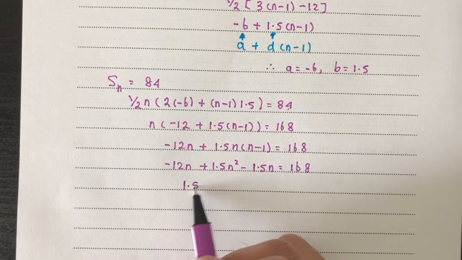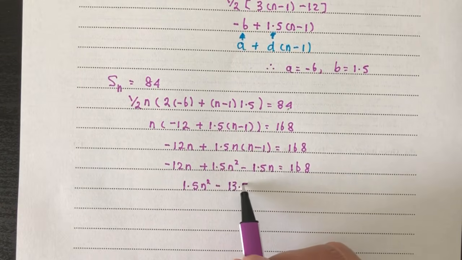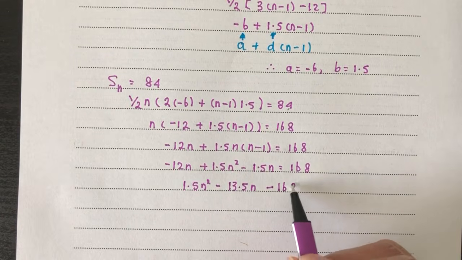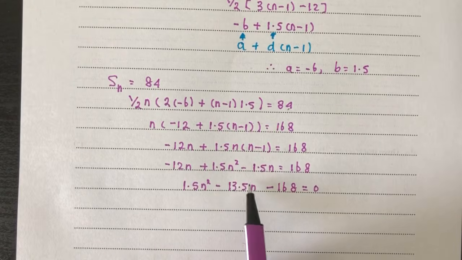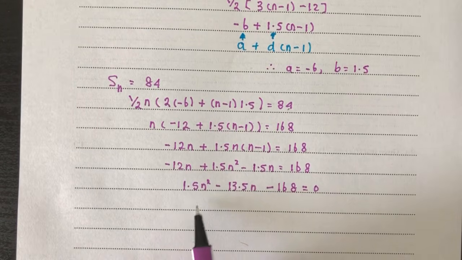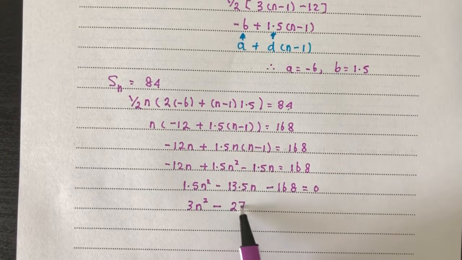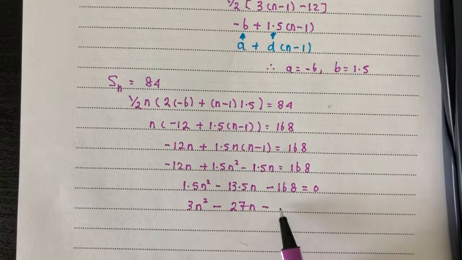So 1.5n squared minus 13.5n. We bring this on this side, it will become minus 168 equal to 0. Now we can multiply by 2 to make this become whole numbers. So multiply by 2, you will have 3n squared minus 27n minus 336.